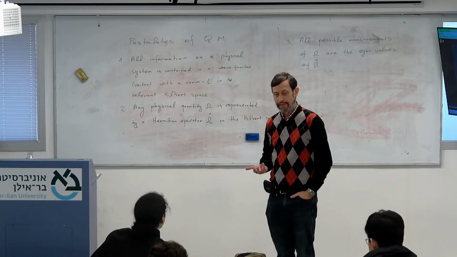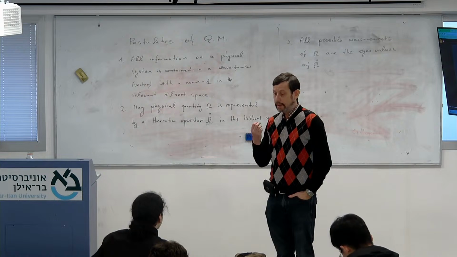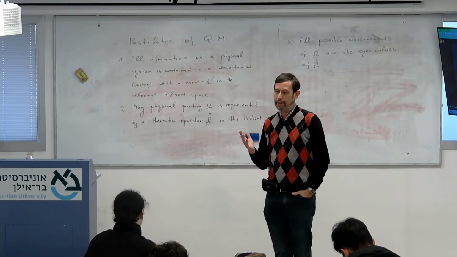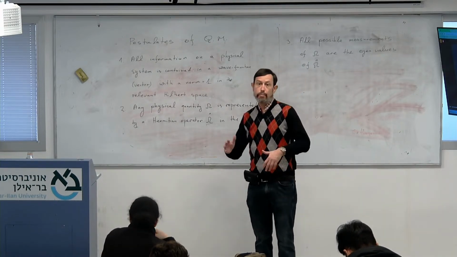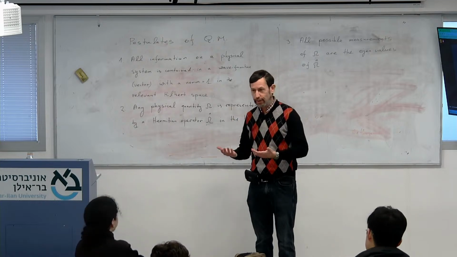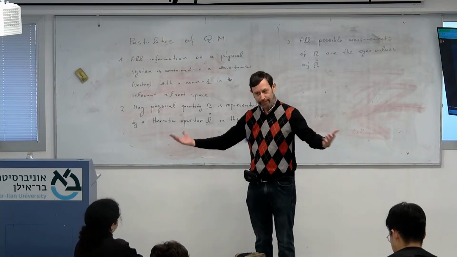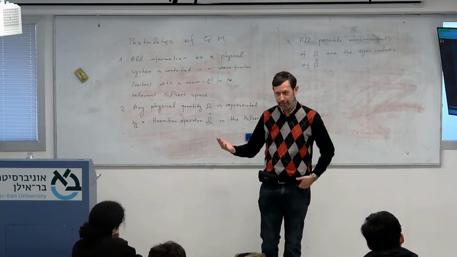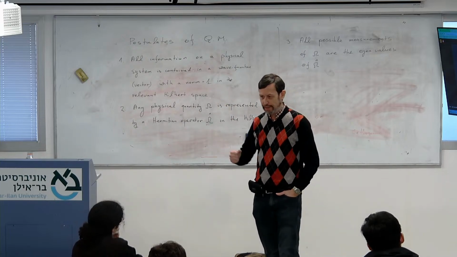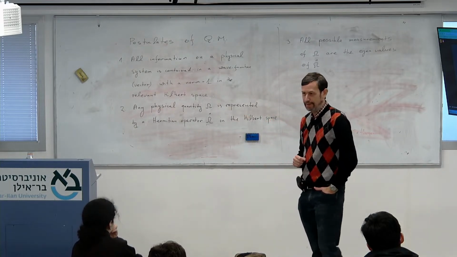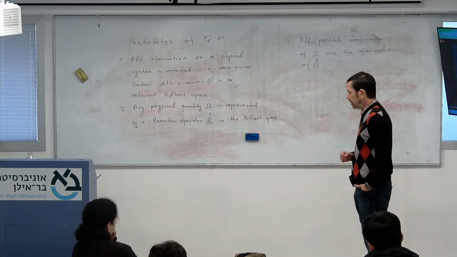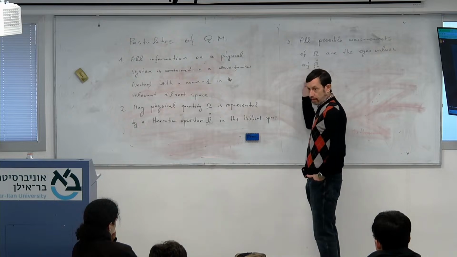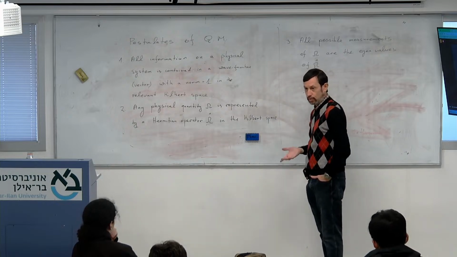So the energy levels are the eigenvalues. A system could be in a superposition and the average energy could be anything. But if you measure the energy, it could be only one of these eigenvalues. And as I say, very non-intuitive.